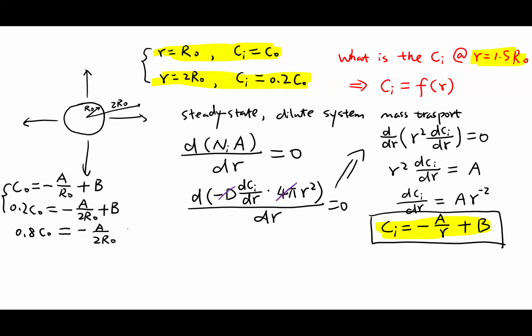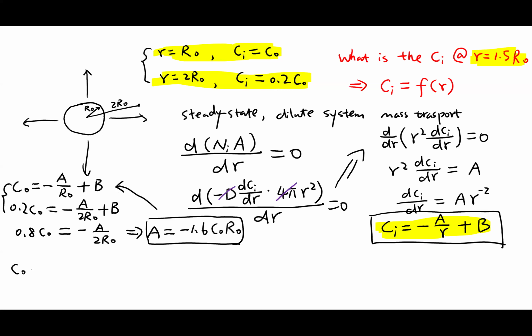So basically what is A? A is equal to negative 2 times 0.8 C naught times R naught. Okay, so basically it is negative 1.6 C naught R naught. That's A. And then we apply A into the first equation, and then we get B, right?